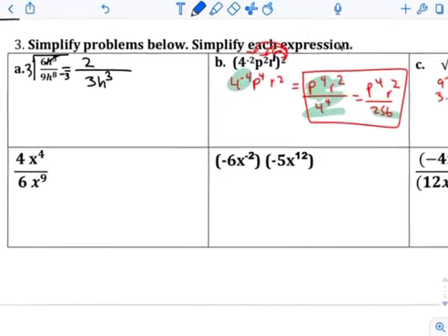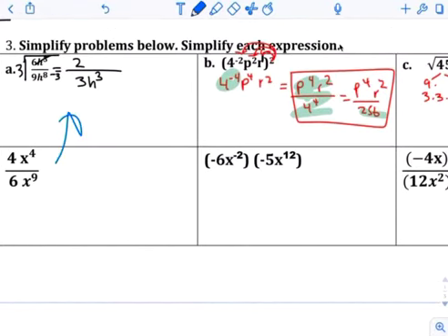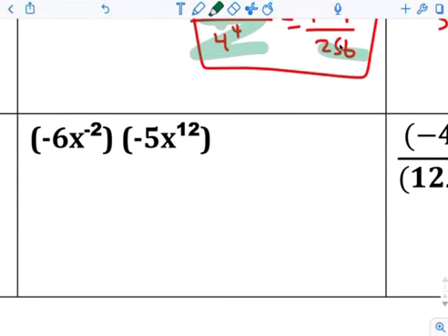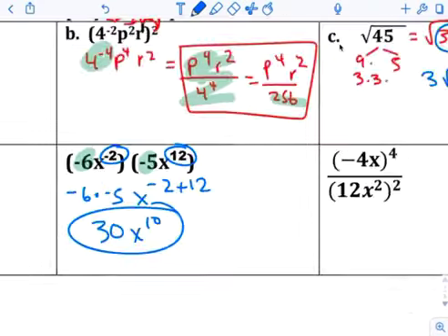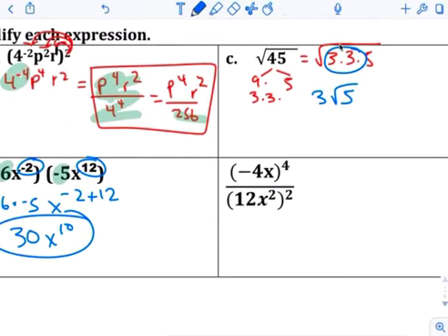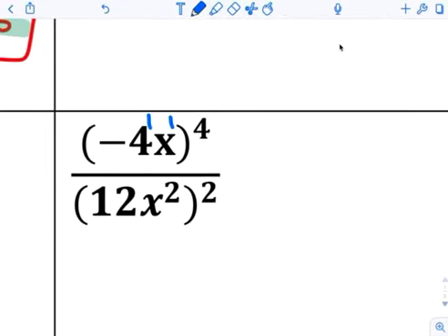And this is same as that. This, remember, you multiply this. Negative 6 times negative 5, x to the negative 2 plus 12. You add the exponent when you multiply. So you get positive 30 x to the 10th. That's your answer. And make sure you distribute first here.